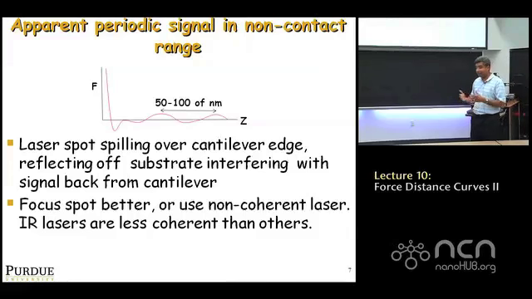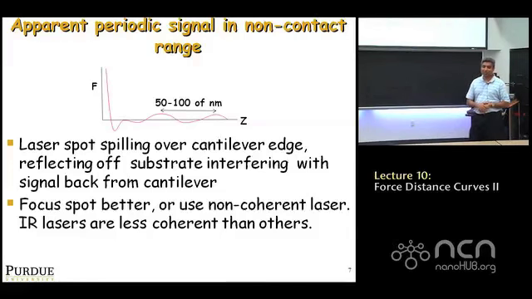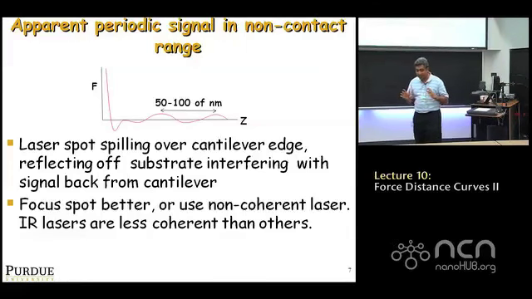But in reality, if you do your FZ typically over 200 or 300 nanometer Z ranges, you start seeing funny things: in what is considered the non-contact zero force range, you start seeing wavy forces. Now, before you jump to the conclusion that you have discovered a new force of nature, you should simply look at artifacts, right?